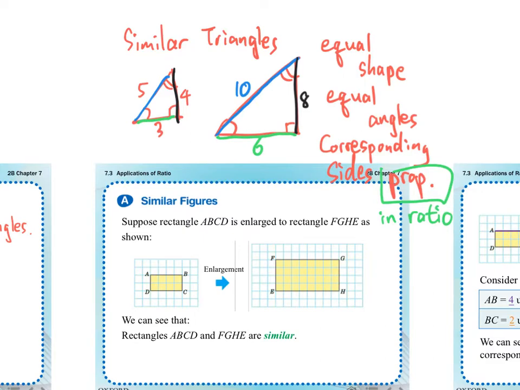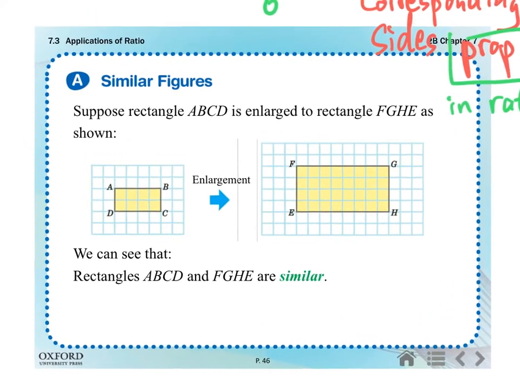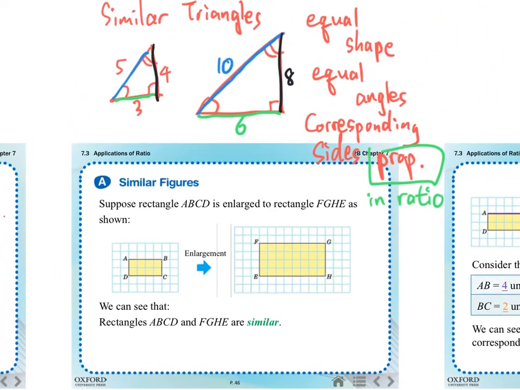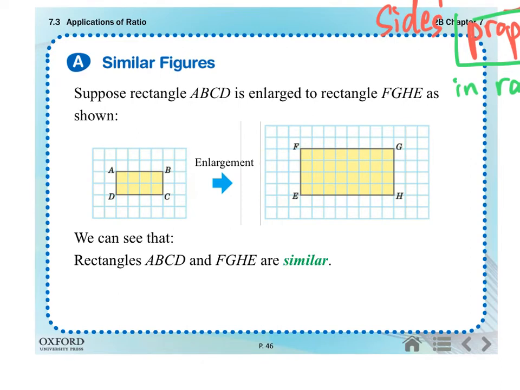So this is the similar triangles, some kind of simple idea or concept. And now we go to the similar figures. It's nearly the same, okay? Also, we have these properties: equal shape, equal angles, and corresponding sides are proportional. So in other words, if I have the rectangle here, when I do the enlargement, for example, what do you mean by enlargement?